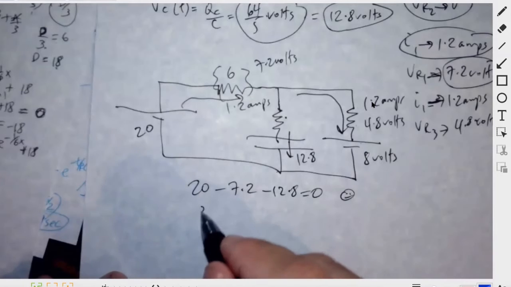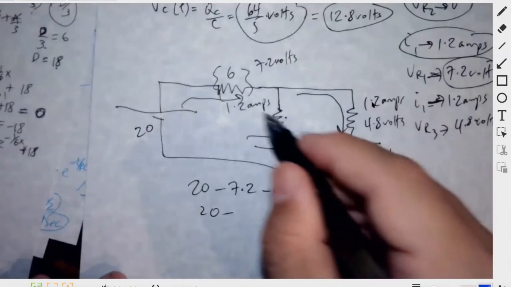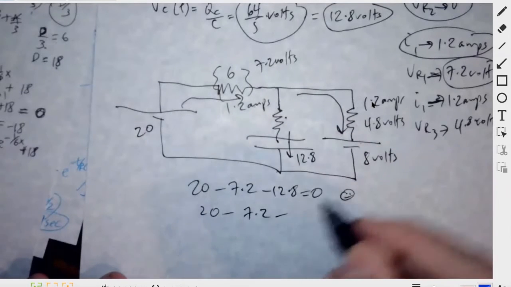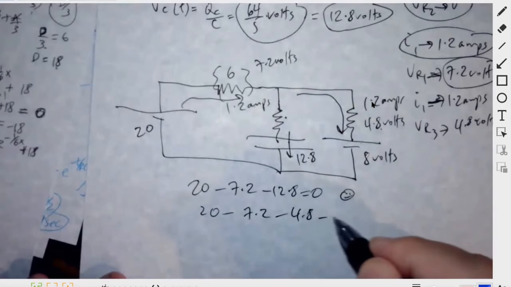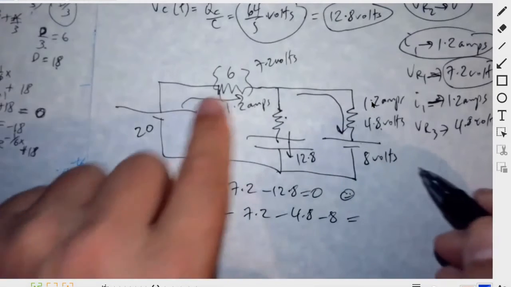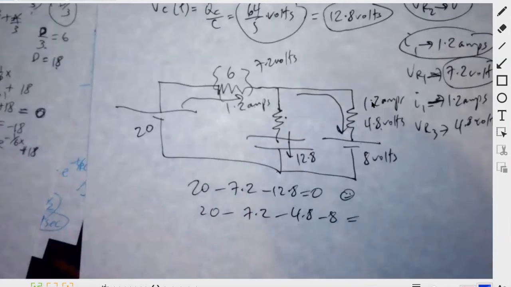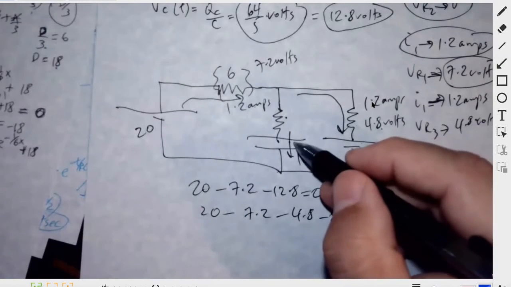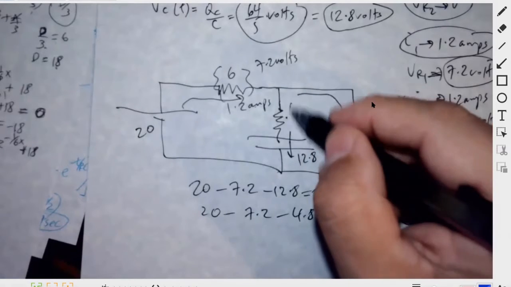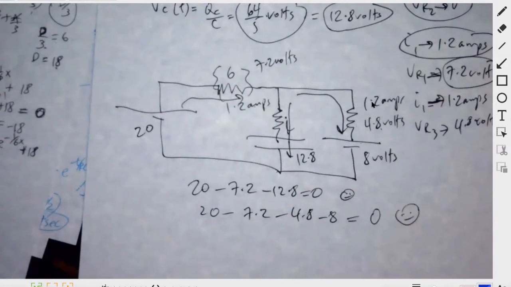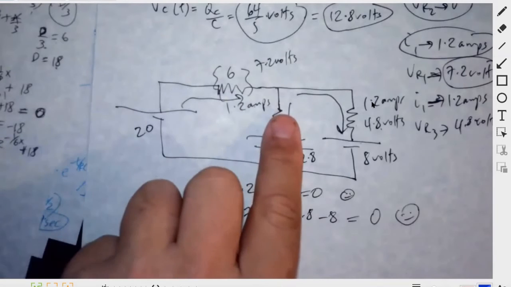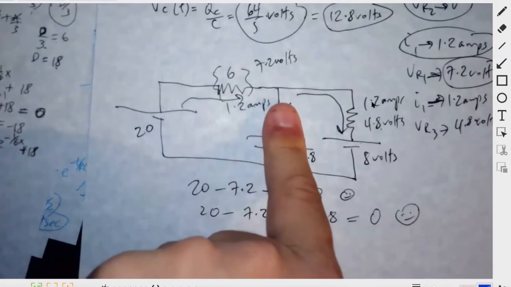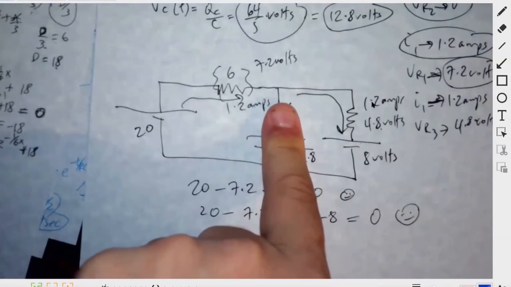And then 20 minus 7.2 minus 4.8 minus 8 for this side, and that's also going to be 0. Nice. And does it make sense there's no current in the part of the circuit where the capacitor is? Yeah, because the capacitor is charged, so it almost behaves as if it's not even there. You see?